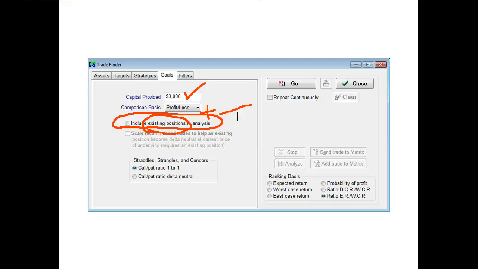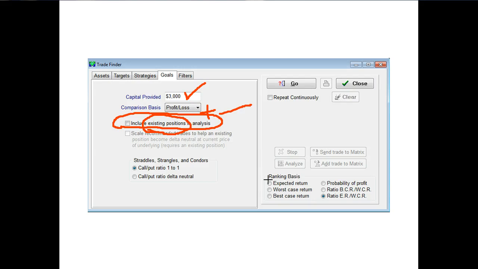If you're going to use Trade Finder to try and repair a position you have right now, typically you're going to have to add more money to your position to bring it into having a possibility of a positive outcome. So keep that in mind when you include existing positions. Your capital provided is going to have to cover quite a bit: that existing position plus anything that you're going to add to it to make a possibility of a positive expected return.